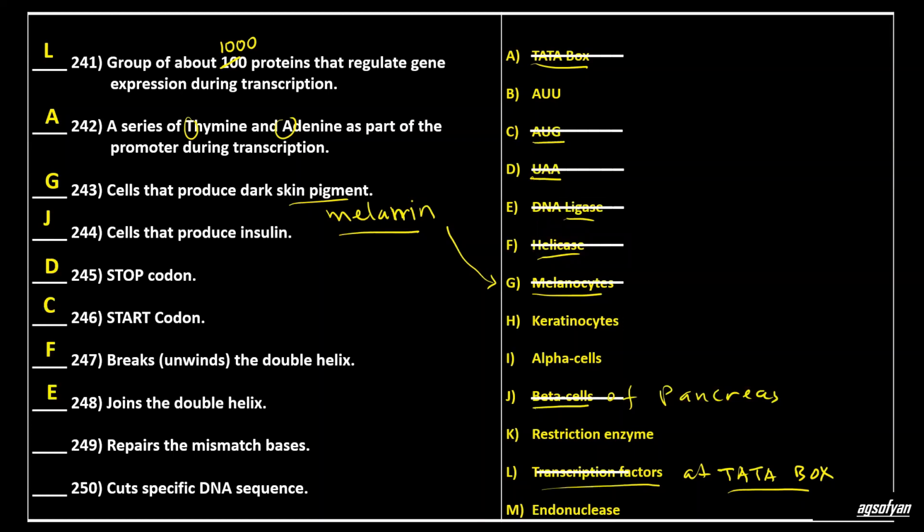Repairs the mismatched bases. Okay, if the DNA replication is not correct, if the base is not correct, it will be corrected by this enzyme. The enzyme is called the endonuclease.